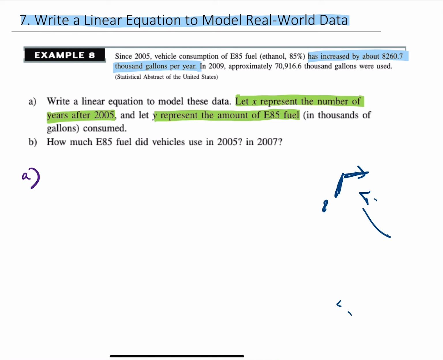So the slope of a line, you can view it as a rate of change, as a way of measuring how much it's changing over time. So when we're given that statement, it says it's increased by 8260.7 thousand gallons per year.